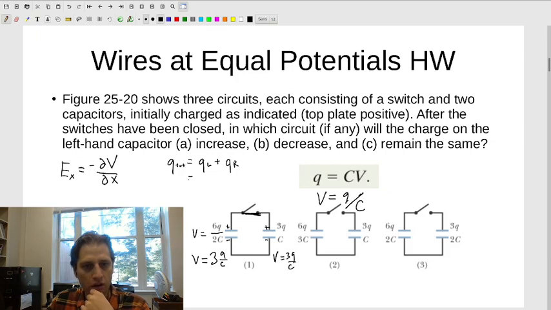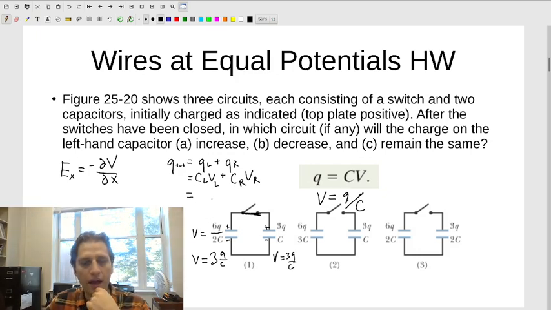This is going to equal C on the left, V on the left, plus C on the right, V on the right. We're just using this equation.